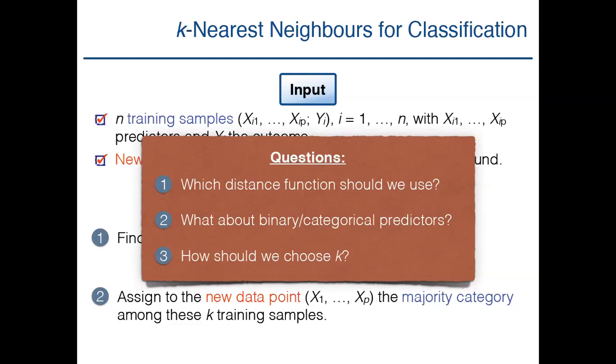And the third question is, how do you choose the value of k? आप 1 nearest neighbor करेंगे, आप 2 nearest neighbor करेंगे, आप 10 nearest neighbor करेंगे, how would you know that? ठीक है, these are the 3 questions that we need to answer in order for this algorithm to work. So let's start with the first question, how do you find the distance?